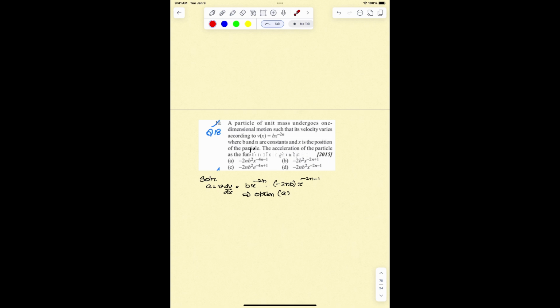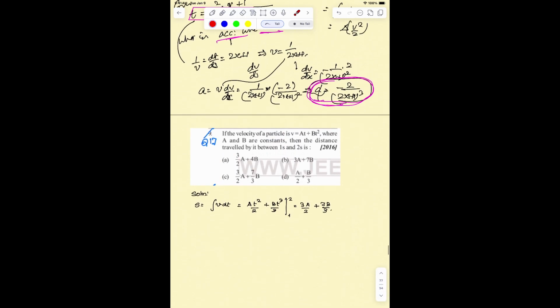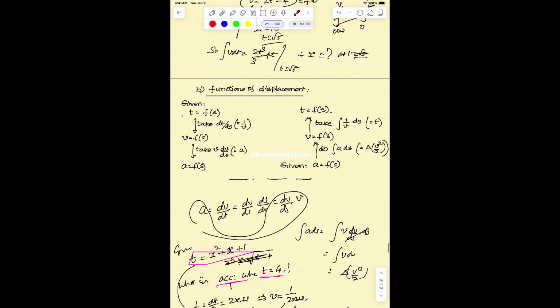Now let's take the next question. A particle of unit mass undergoes one-dimensional motion such that velocity varies as a function of displacement. Now comes our second type of problem where the independent variable is given as x.